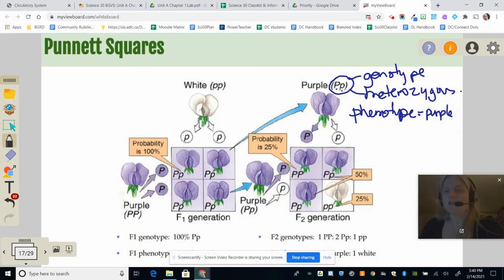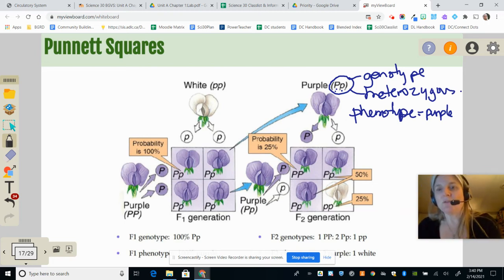Okay, so what we're going to do when we use our Punnett square is, oh, I started this backwards, but that's okay. I'll stop here at this point. We're going to take its possible gametes. So remember, when you form gametes in meiosis, you take only half of the genetic material to the egg cells or to the sperm cells.